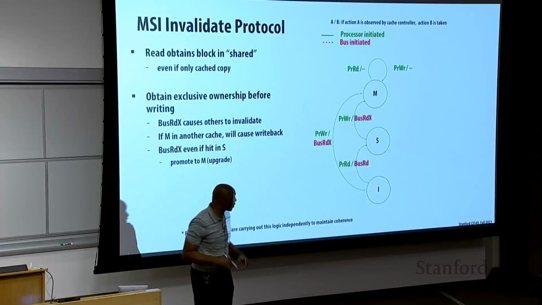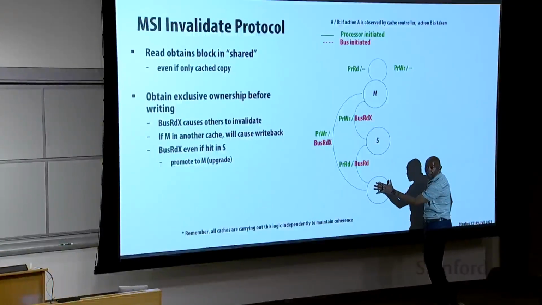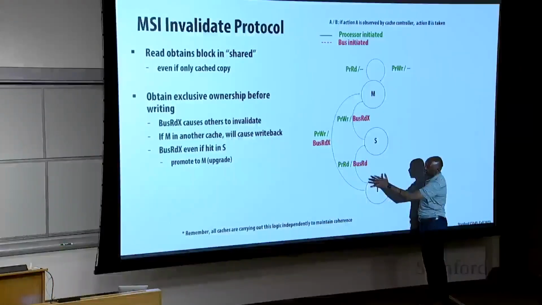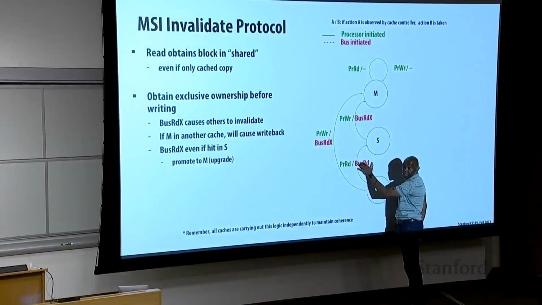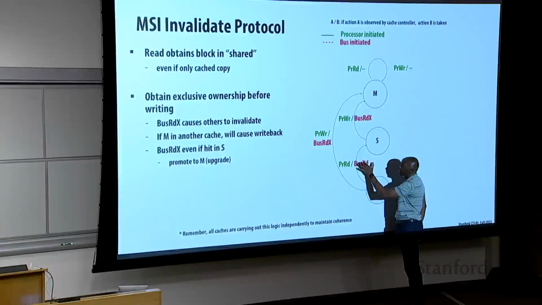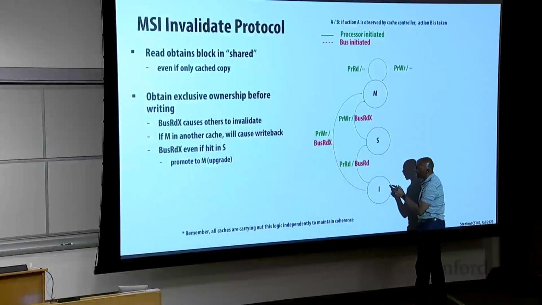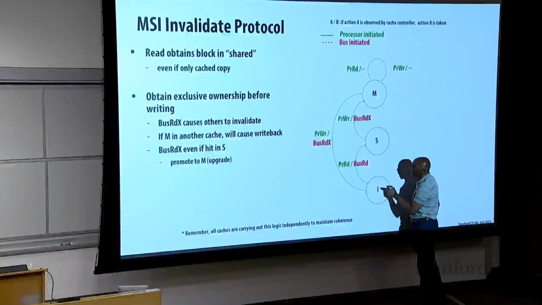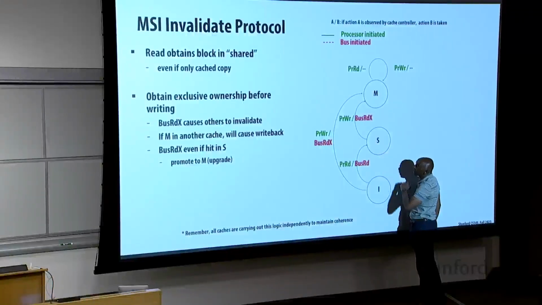Okay? All right. So we start out in invalid state, and we issue a processor read, and this results in a bus read, right? It says, get me the cache line because I want to read it, right? So that means that the line has to move from invalid to shared, right? Okay?